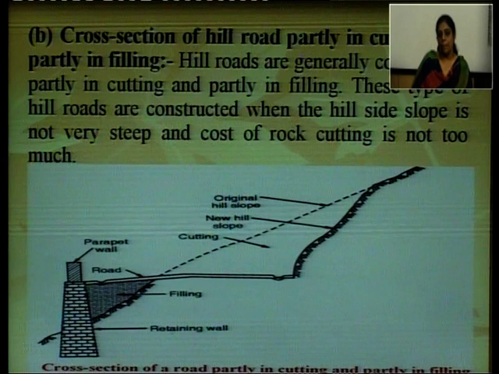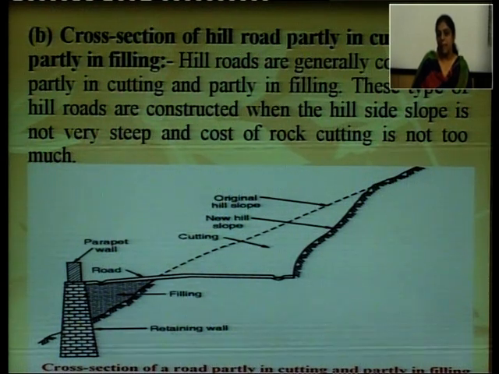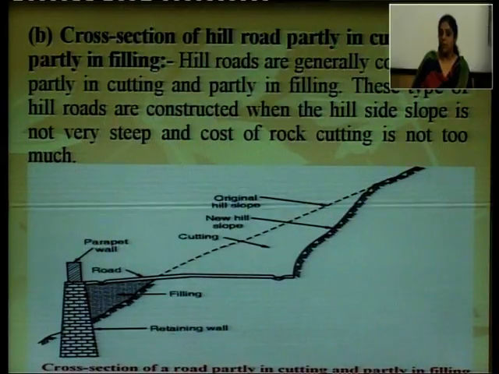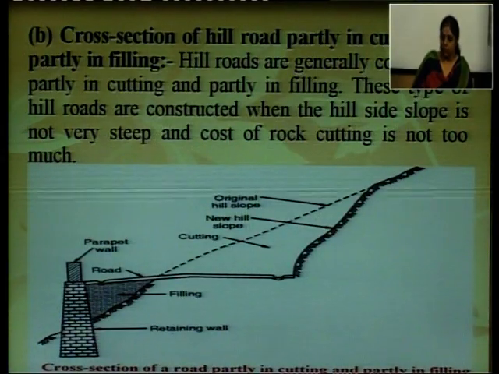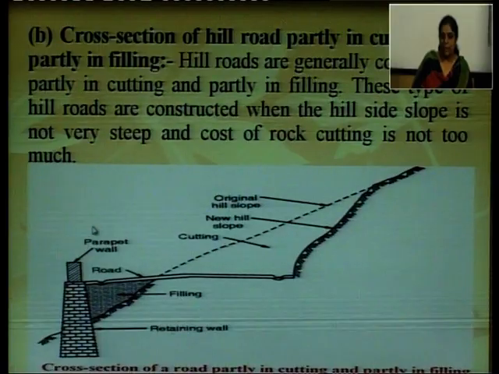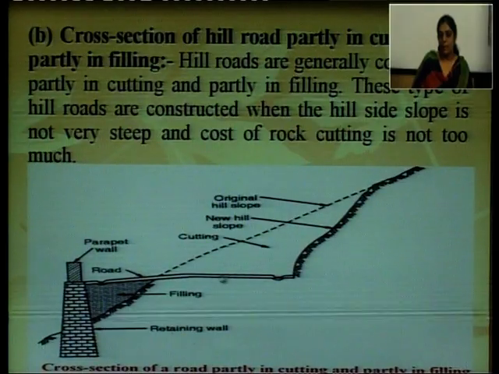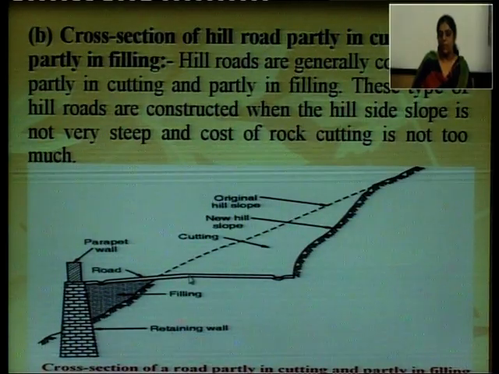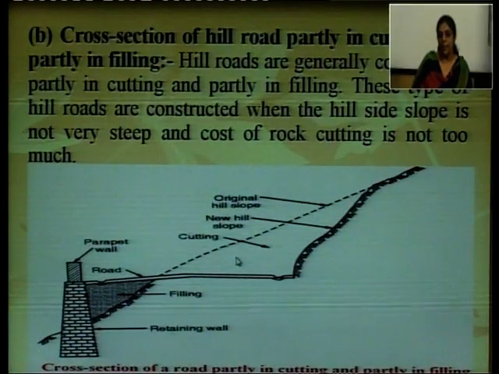These types of hill roads are constructed when the hillside slope is not very steep and cost of rock cutting is not too much. This is a cross section of the road which is built partly in filling and partly in cutting.